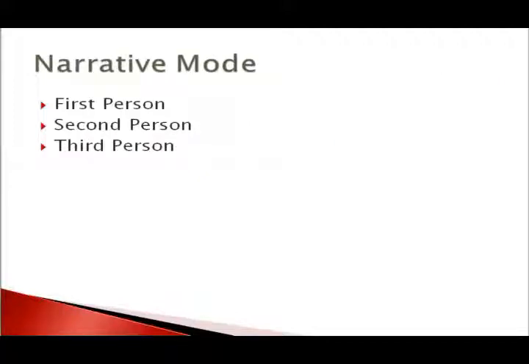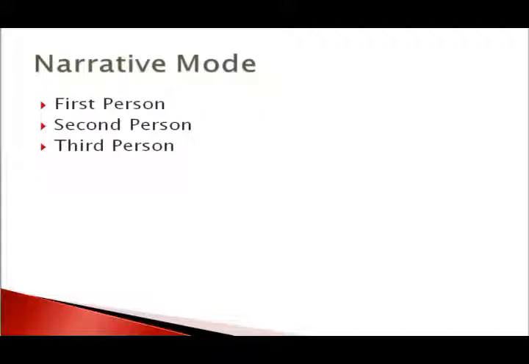Another thing that students have trouble with is narrative mode. Especially my graduate students, it's probably a good idea to be used to writing in third person. Most classes that I teach, they prefer you don't write in first person. First person is when you refer to yourself. You're saying, I think this, or once I found out about that, or anytime you're using I, me, words like that, you're writing in first person.